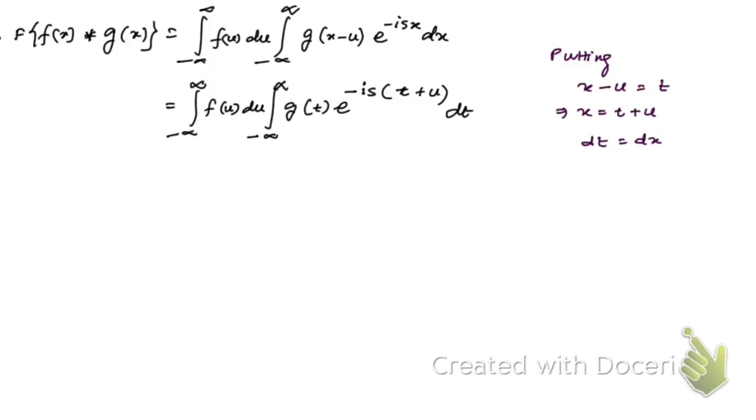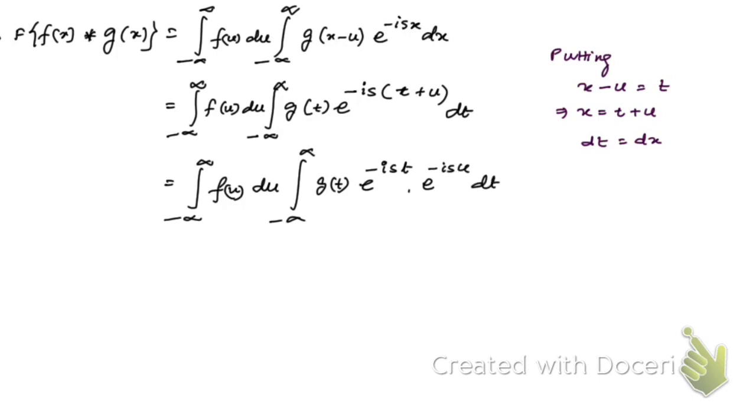Then e to the power minus is(t plus u) can be written as e to the minus ist into e to the minus isu, du, sorry, dt. So then we can write it this way.